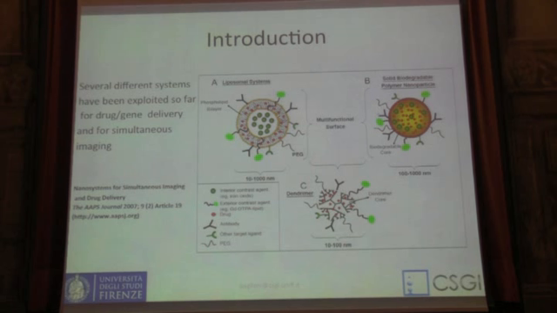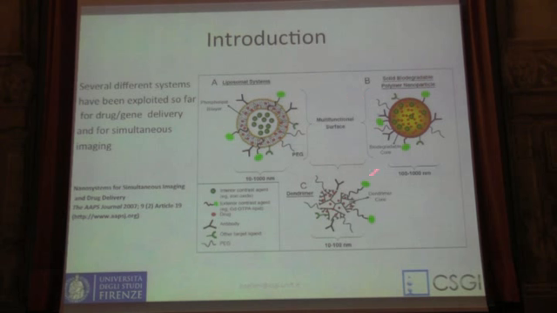Some of the systems have already been highlighted in the morning, for example the liposomal system. Basically it's a bilayer. You can add what you want on the surface. You can modify with PEG, with contrast agent, with antibody. There's plenty of target ligands, plenty of things you can do with these objects.